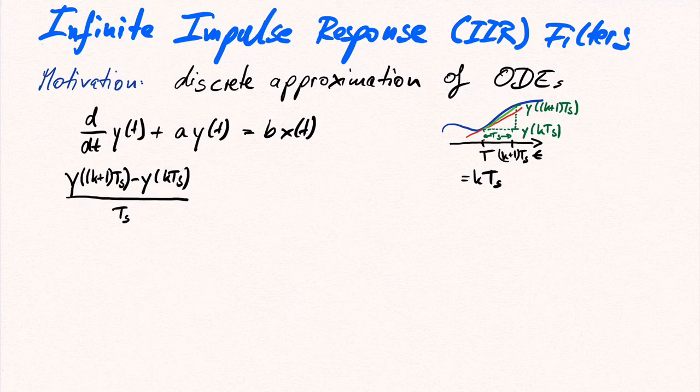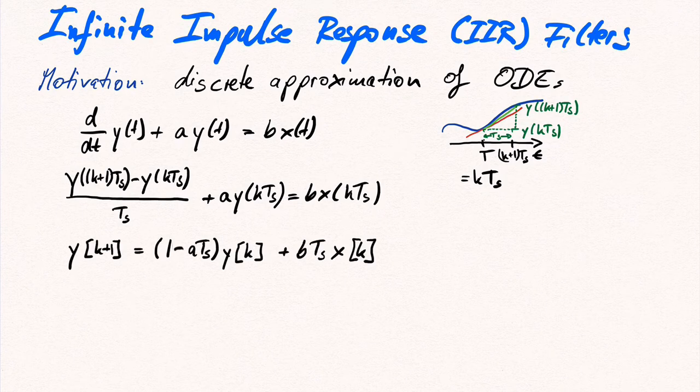This is now used as an approximation for the first derivative of y at time k times Ts, so that the ordinary differential equation at time t equals k times Ts is approximated by this slope plus a times y at kTs equal to b times x also at time k times Ts.